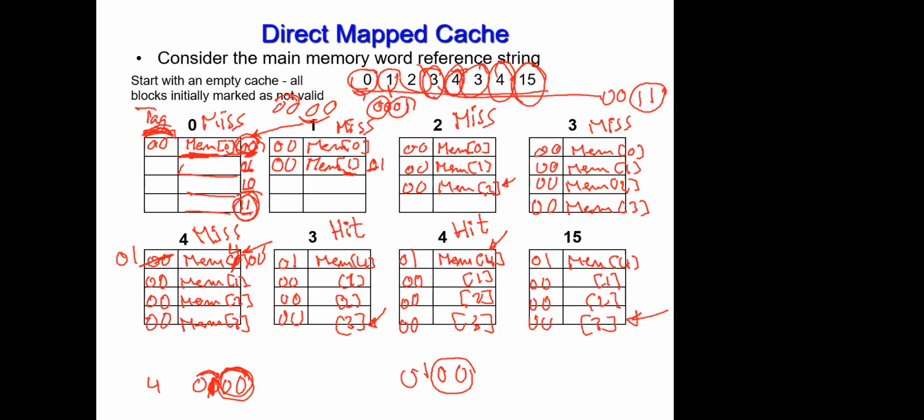Because if you would like to write 15, it is like that. Correct? The first 2 bits is basically 1, 1 as here. So this is actually a miss. I will overwrite this with memory of 15. But also I will change my tag to what? To the new tag, because now a new tag, 1, 1.